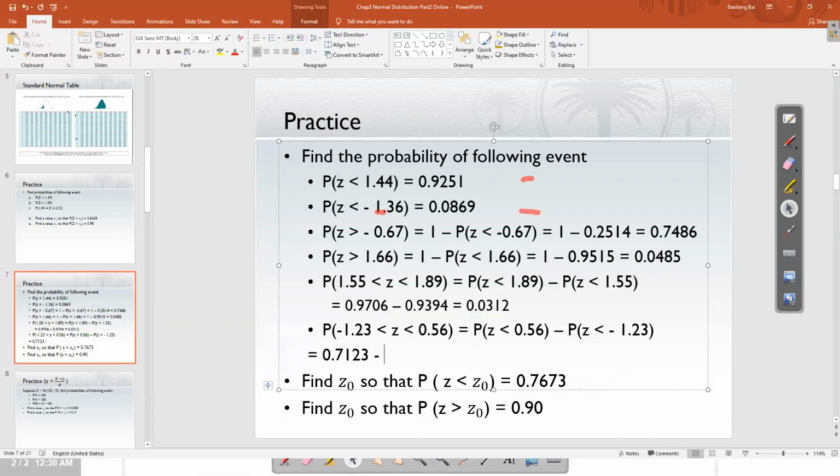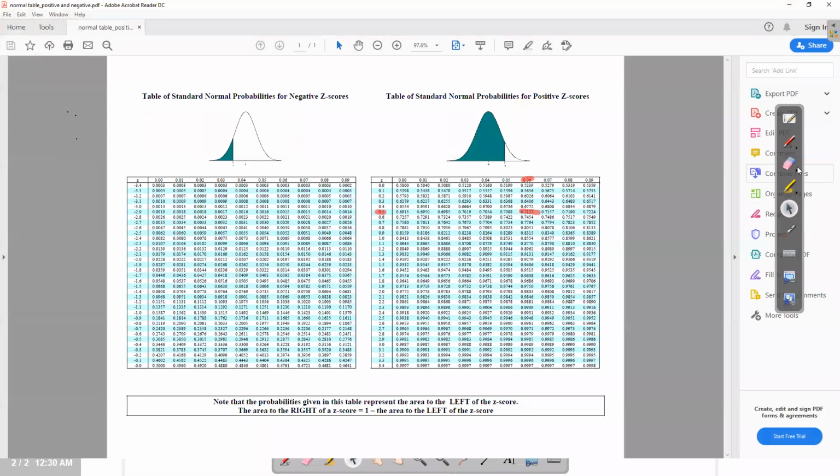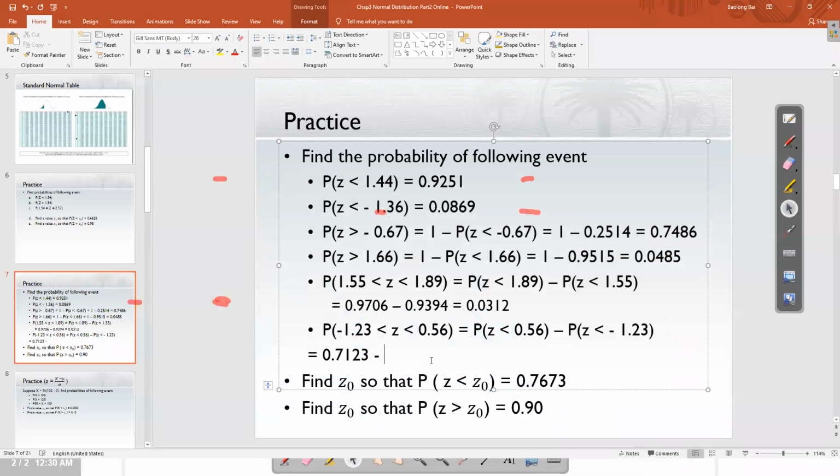And then negative 1.23, if we look it up, the corresponding matching probability is 0.1093, right? Then we do the math. So 0.6030, right?